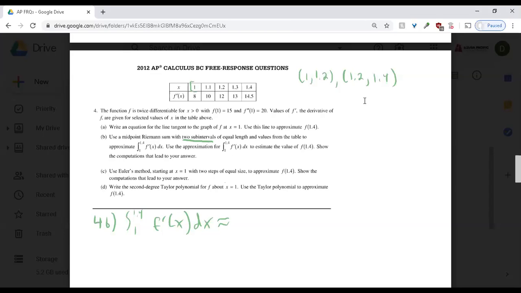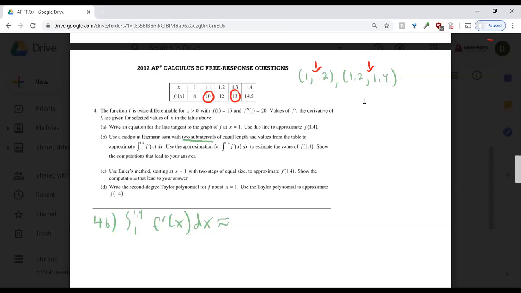So for MRAM, you're looking at the midpoint of each interval. So the midpoint, right in the middle of 1 and 1.2, would be 1.1. So that means I'm going to focus on the y-coordinate at 1.1, and then right in between 1.2 and 1.4, that would have a midpoint of 1.3. So the y-coordinate at 1.3 would be 13.